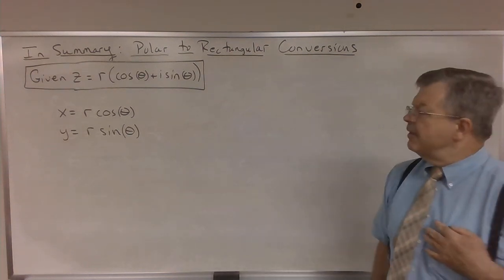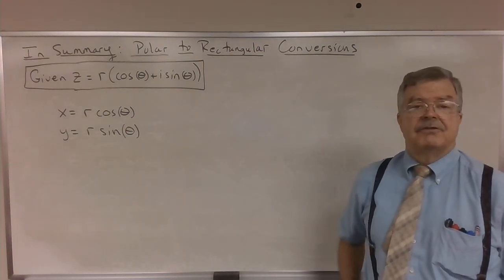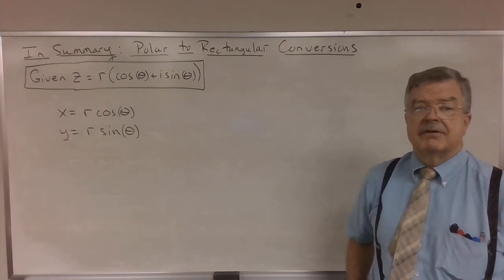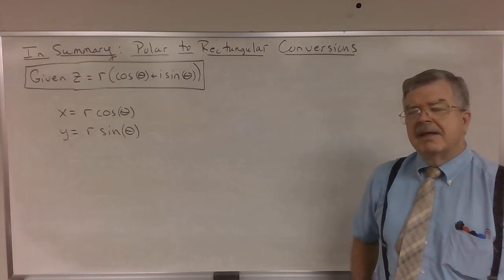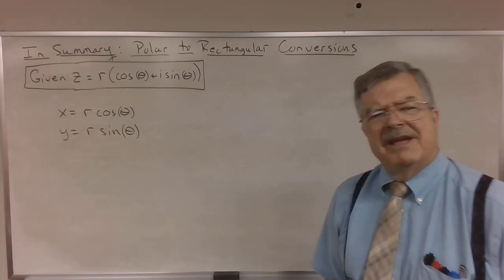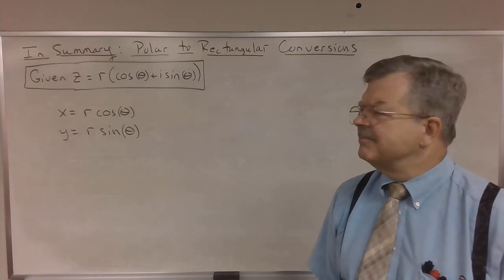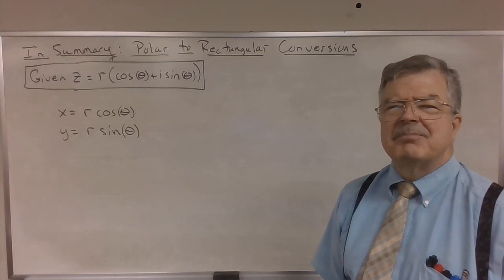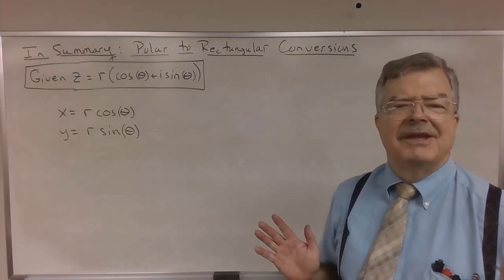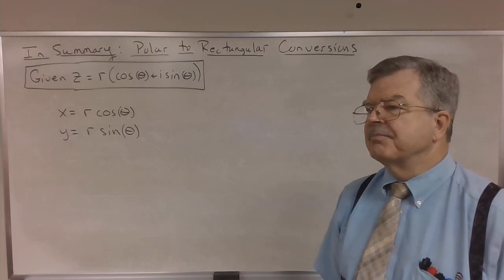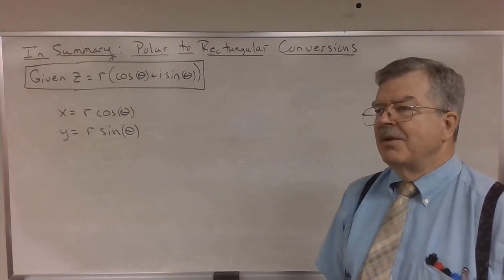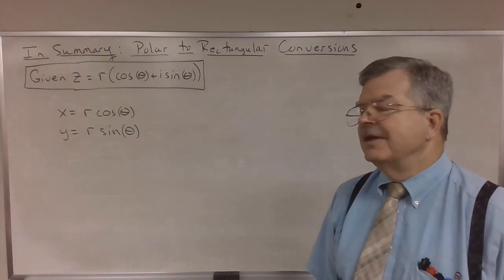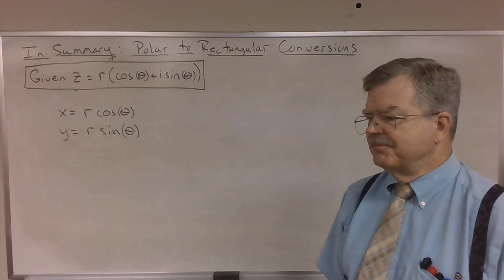We should know the conversions both ways. Polar to rectangular, rectangular to polar. Why do we have two forms of representation? We're used to working in the XY plane. Why can't we just keep everything in rectangular form? Or why don't we just do everything in polar form and just stick with one or the other?